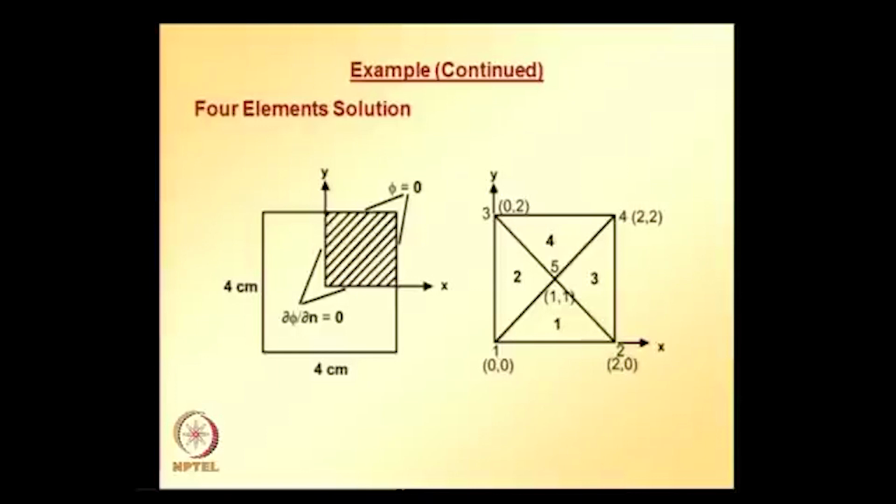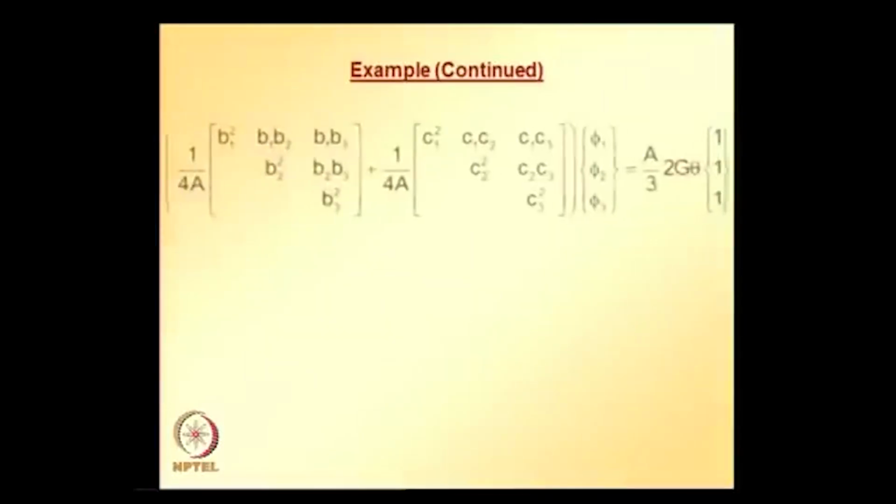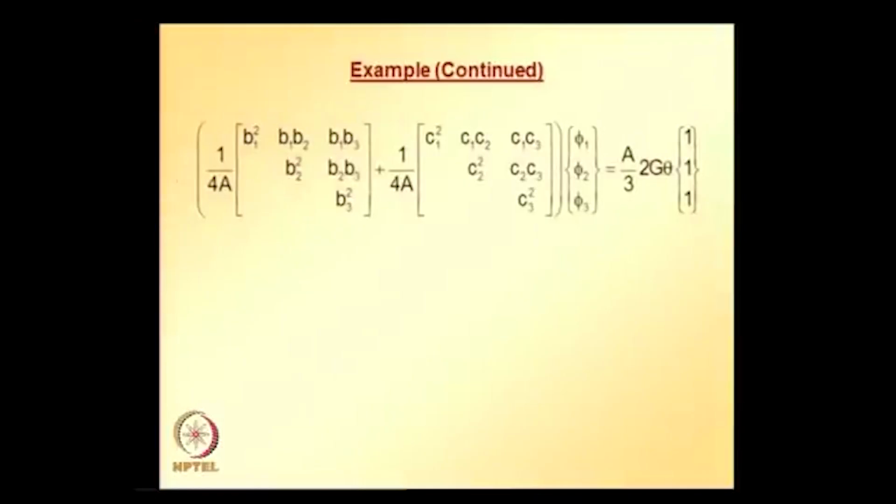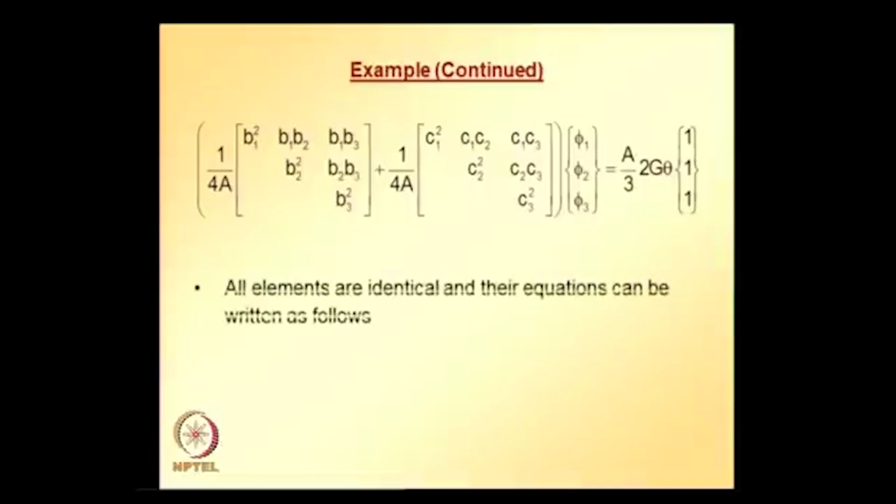And since each of the triangle elements are of same size, the element equations are going to be identical for each of these elements. And substituting the values of the coordinates into this equation, we can actually get element equations for each of the elements.